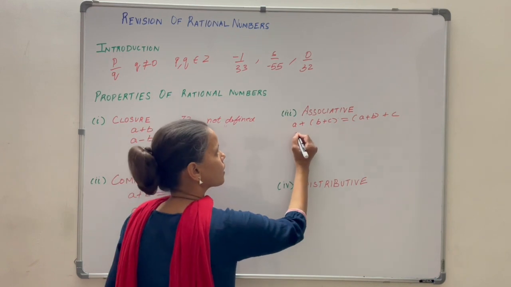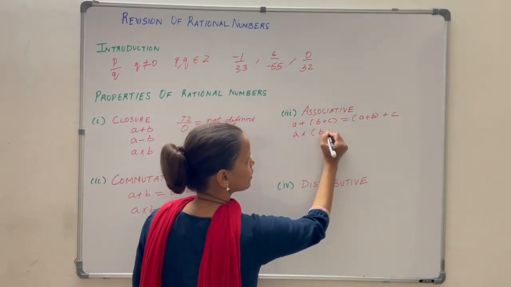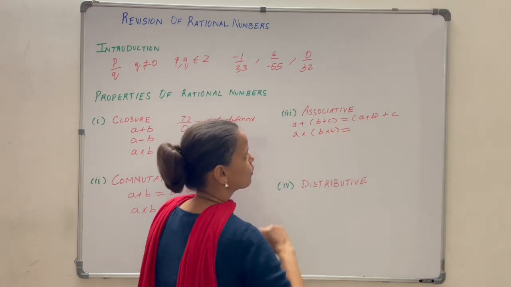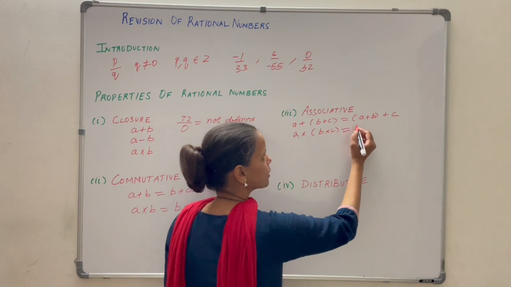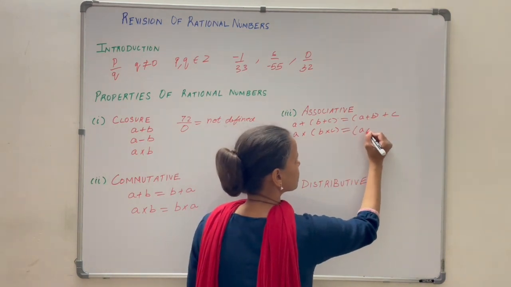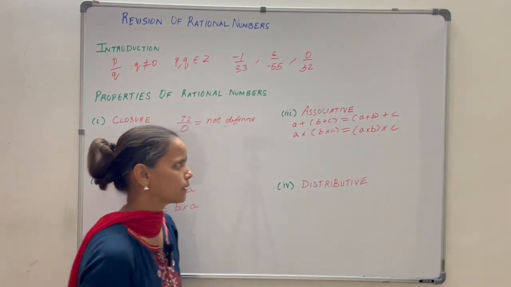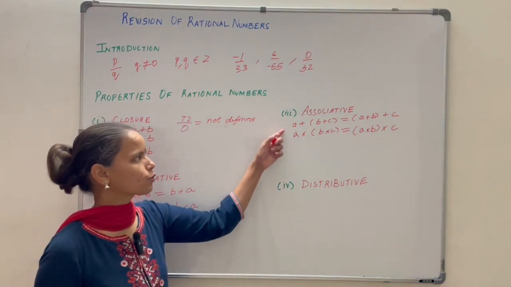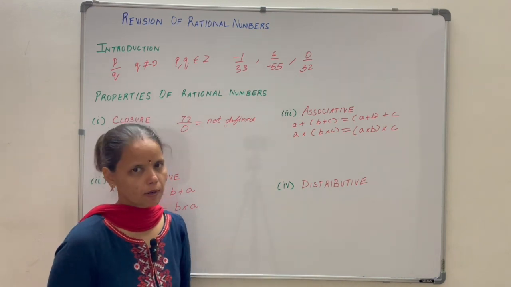This is associative property of multiplication for rational numbers. You can multiply b to c and multiply the result to a, or you can multiply a to b and multiply the result to c. So this is associative property of addition and this is associative property of multiplication.